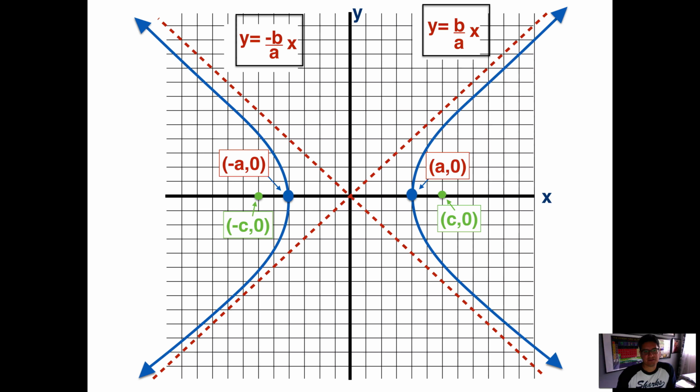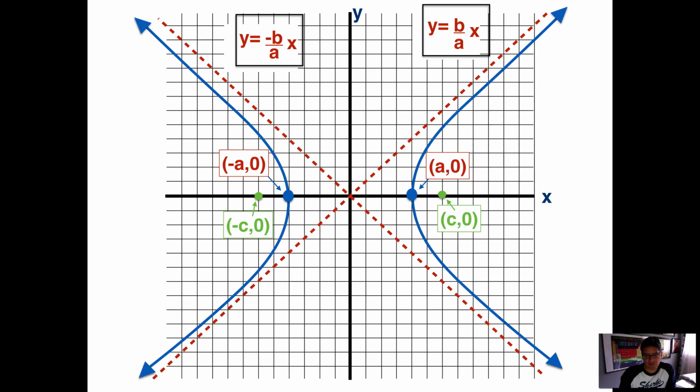And you notice that it's a negative b, so it's a negative slope. That's the line going from the top left going down. And then on the other line, starting from the bottom left going up, that's a positive slope. You have y equals, with the positive slope, b over a times x. So you use these equations to find your asymptotes.